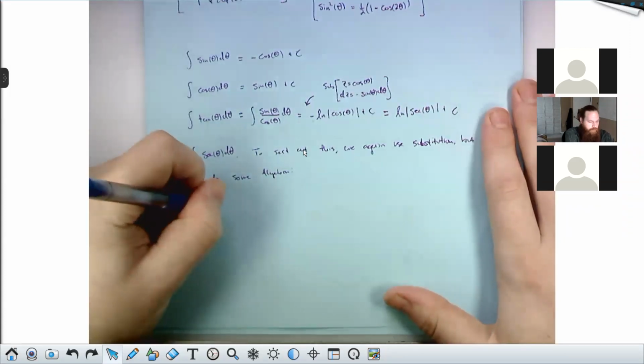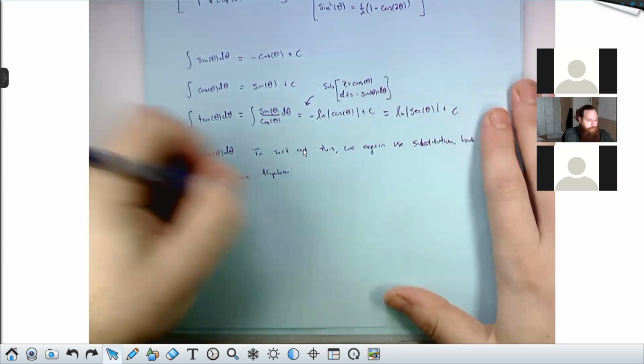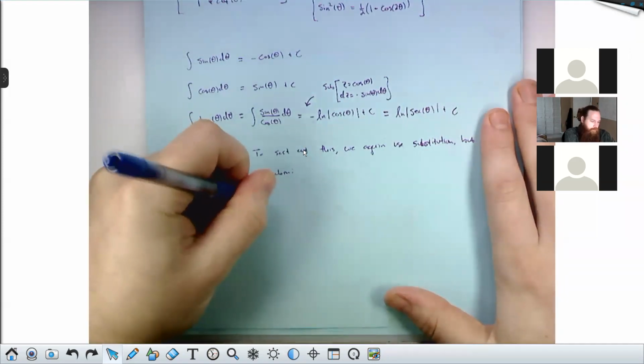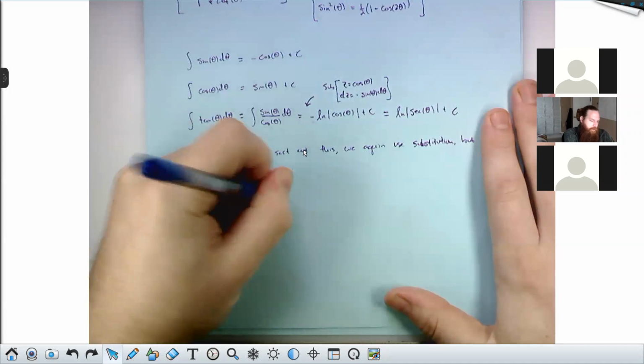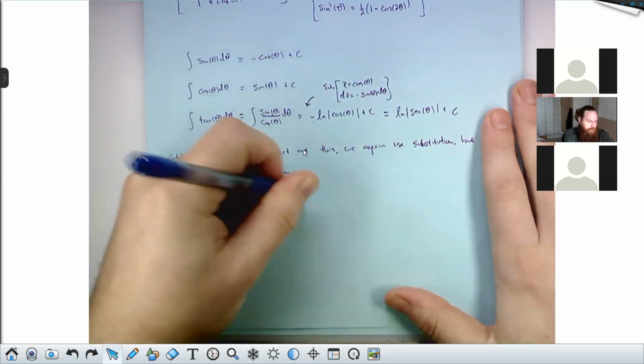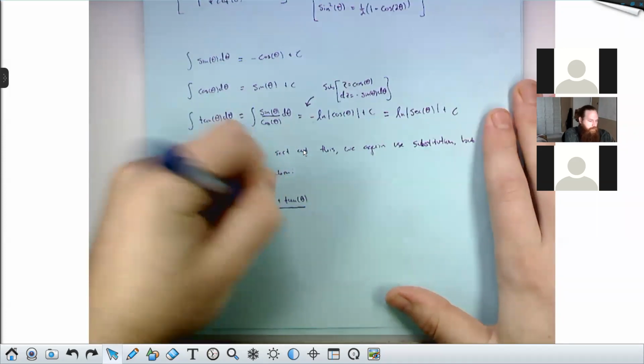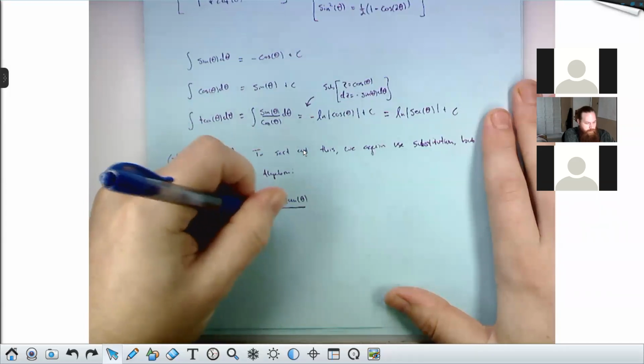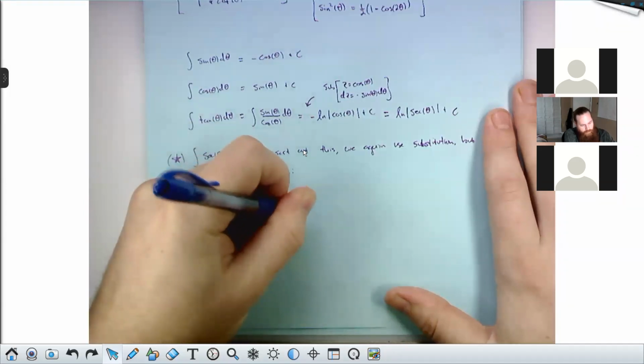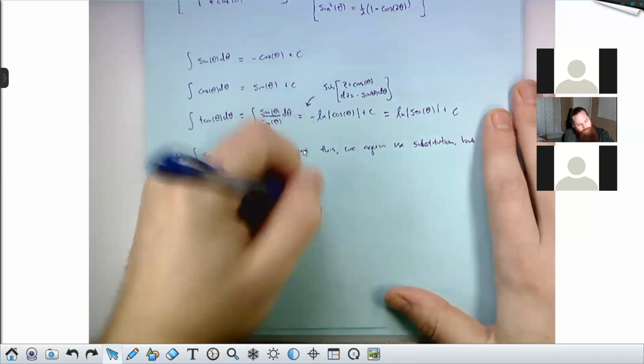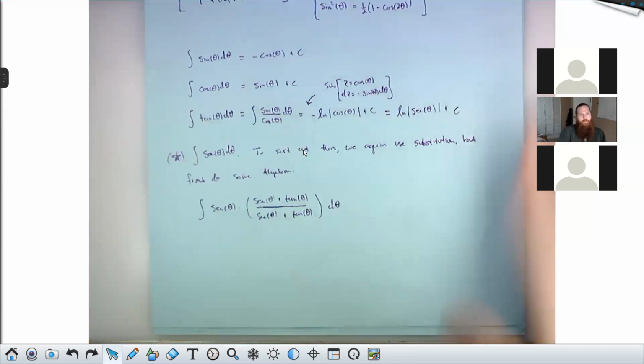So you get secant theta times secant theta plus tangent theta, over secant theta plus tangent theta. This is kind of like multiplying by the conjugate, where you take something and you want to take a limit of it, or do something nice with it, so you multiply by the conjugate on the top and the bottom. Think of this as being kind of like that.